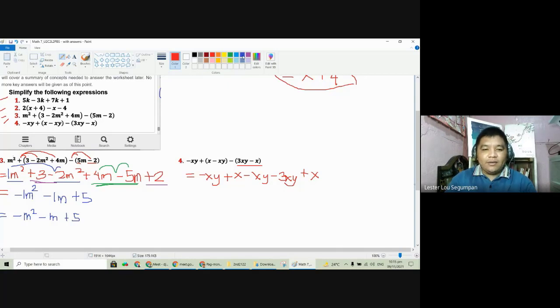And then, to be followed by their proper combination, you have negative 1xy, negative 1xy, negative 3xy. You just need to review the operations on integers: negative 1, negative 1, negative 3, a total of negative 5 what? Negative 5 xy. By the way, why do I keep repeating "what"?